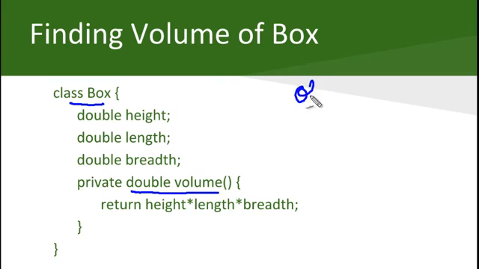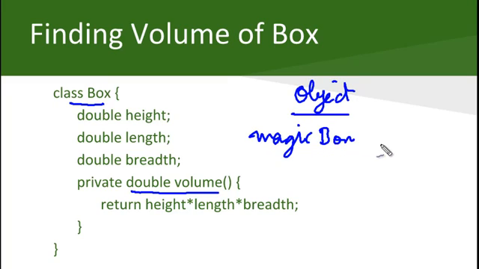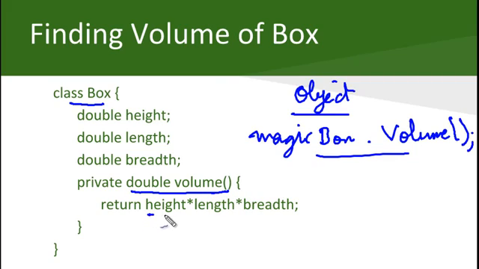So each object, say magicBox or soapBox, can directly access this method, and when magicBox.volume is called, the volume method associated with that particular object will be called, the height, length, and breadth of the magicBox will be taken, and it will return a double value.